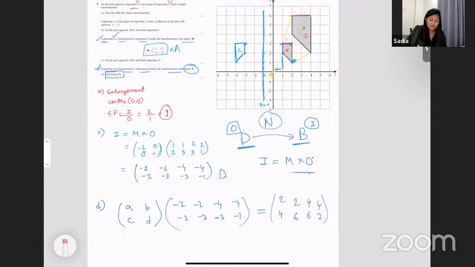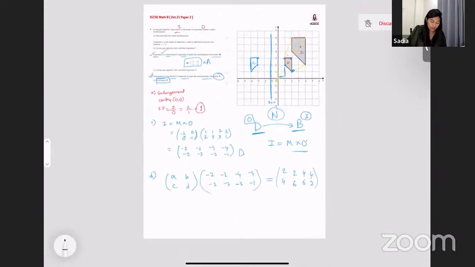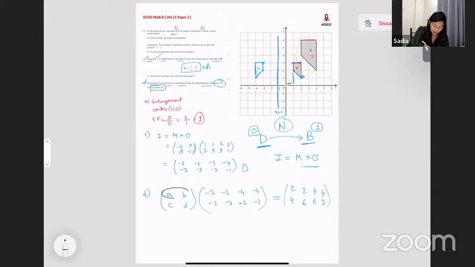Okay, so this one is a little bit lengthy. You can actually form the equations here. So row column, so it's minus 2a minus 2b. Then the next one is minus 2a minus 3b. So we will get two extra equations here.